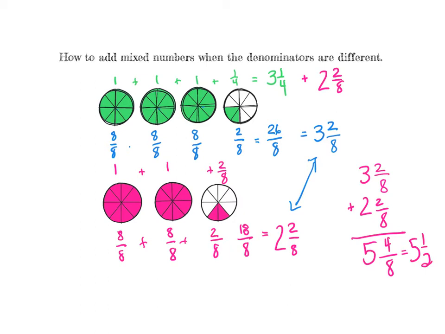Visually you can see that we have 1, 2, 3, 4, 5, and then 1, 2, 3, 4 pieces, which if we combine, putting these two pieces there, you would see visually that we have 5 1/2. Okay, so that's how you add mixed numbers when the denominators are not the same, using models.